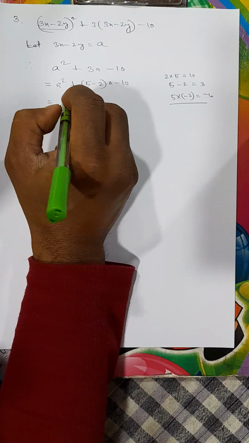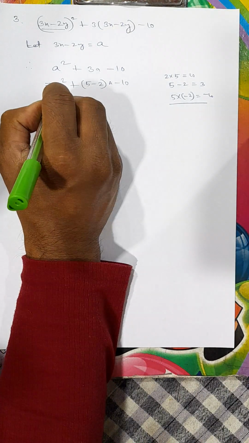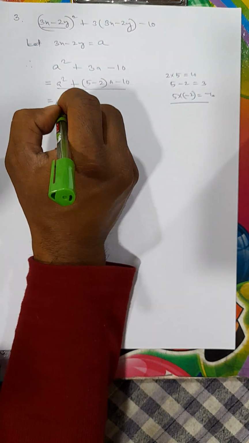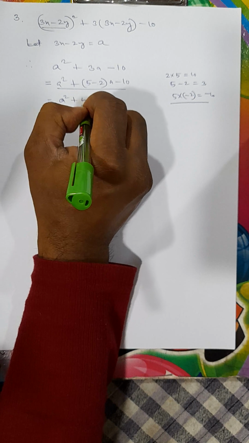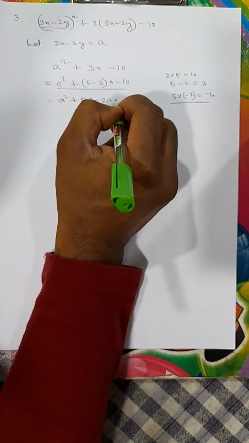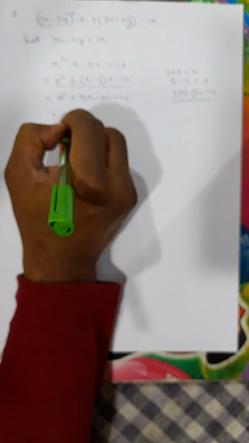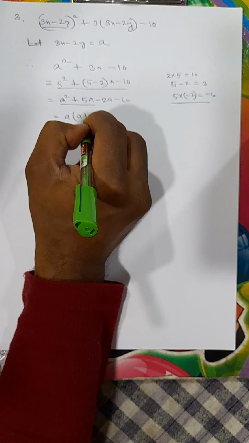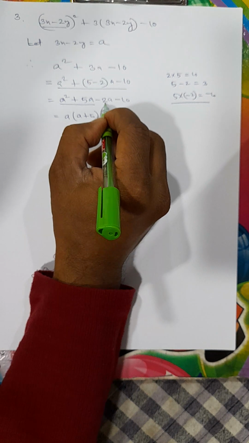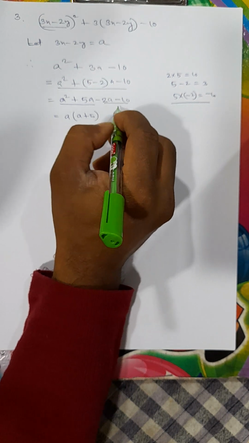Now we can do middle term splitting here with the middle term splitting rule. So let us write here a square plus 5a minus 2a minus 10. Then what is the common factor here? a multiplied by (a plus 5). And these two terms are divisible by 2.